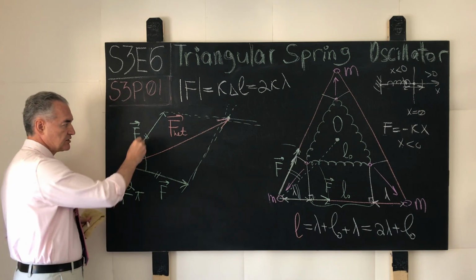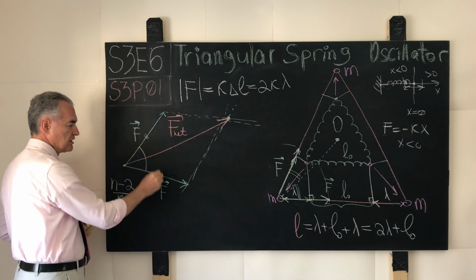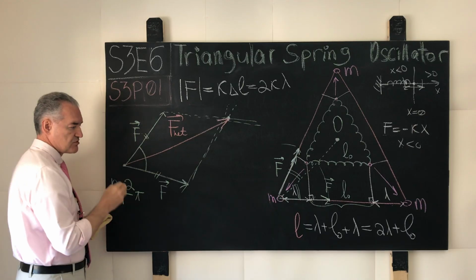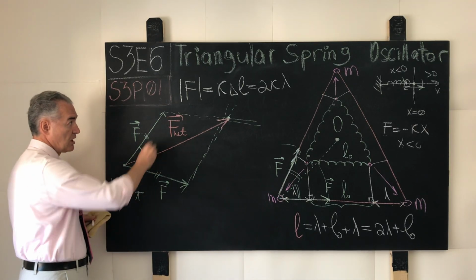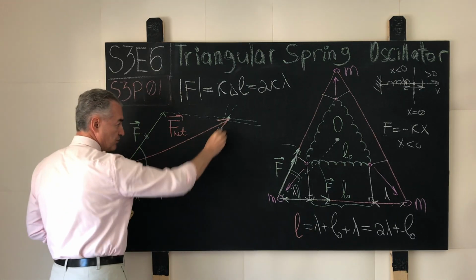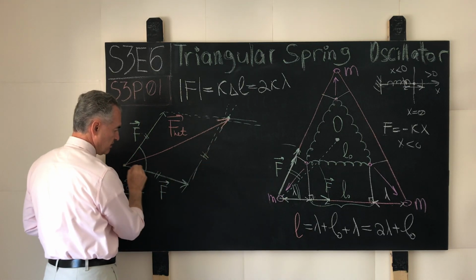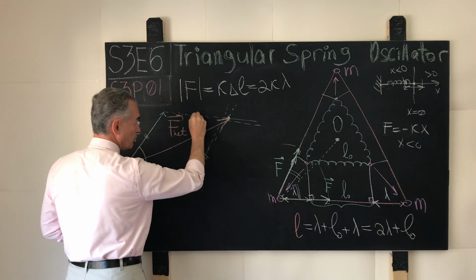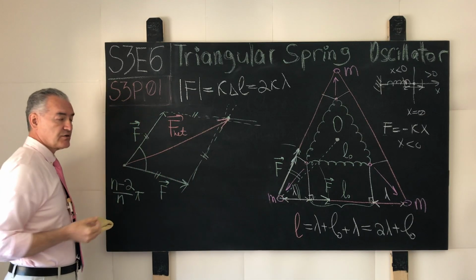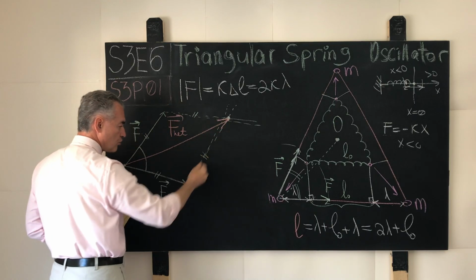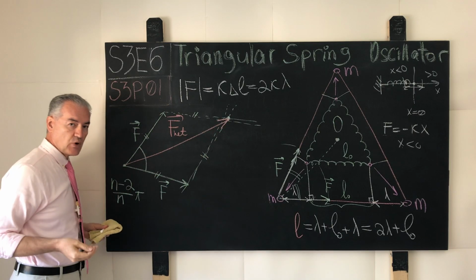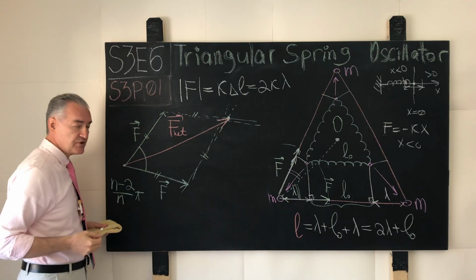But in our case, both original sides that generated this parallelogram are equal in length. So this side must be equal to this one, and this side must be equal to this one. So we now have a parallelogram in which all four sides are one and the same length.